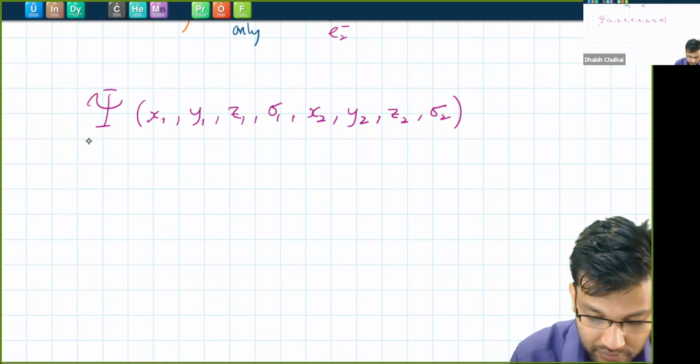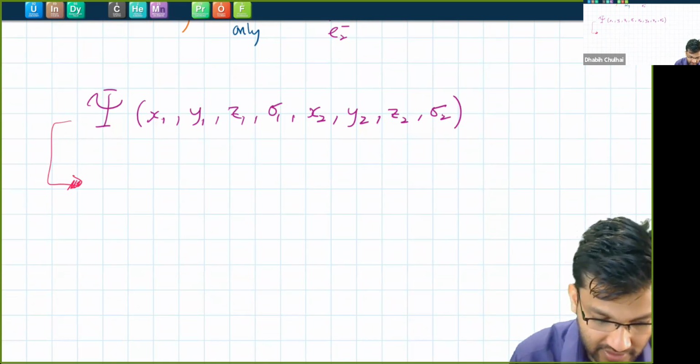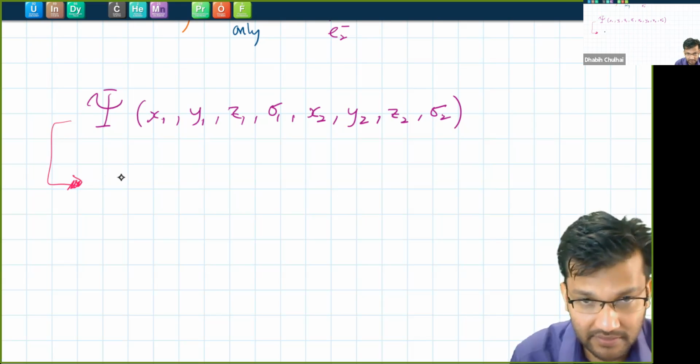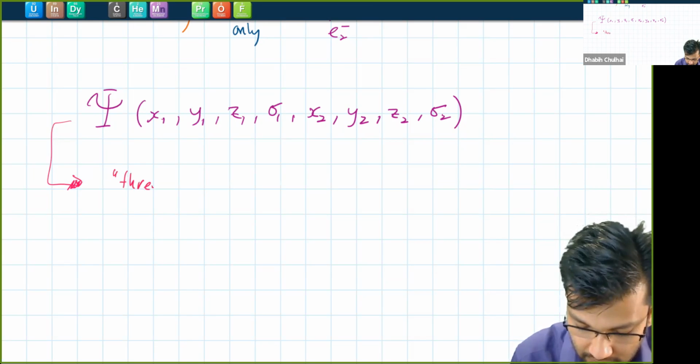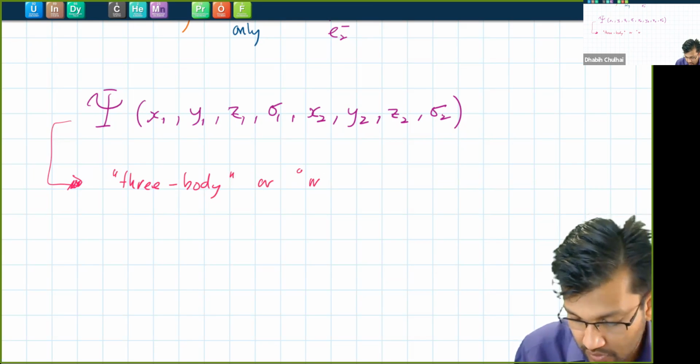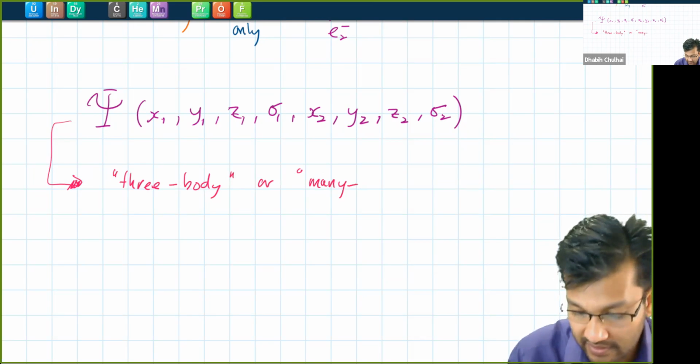This problem falls under a class of problems in mathematics called a three-body, or sometimes you just hear the word many-body, because it works for three-body or four-body.